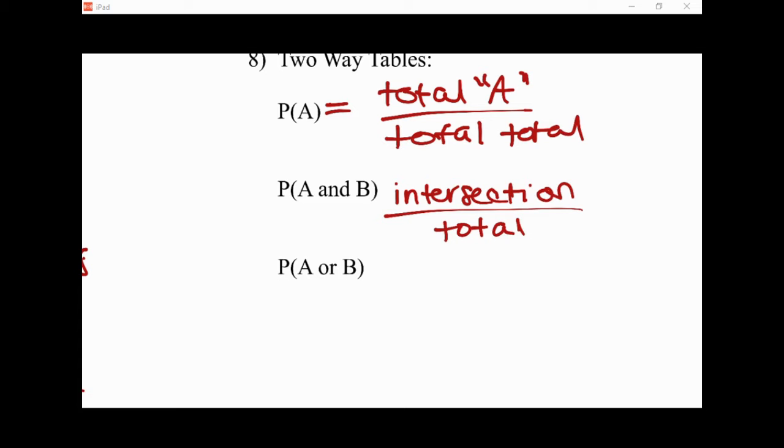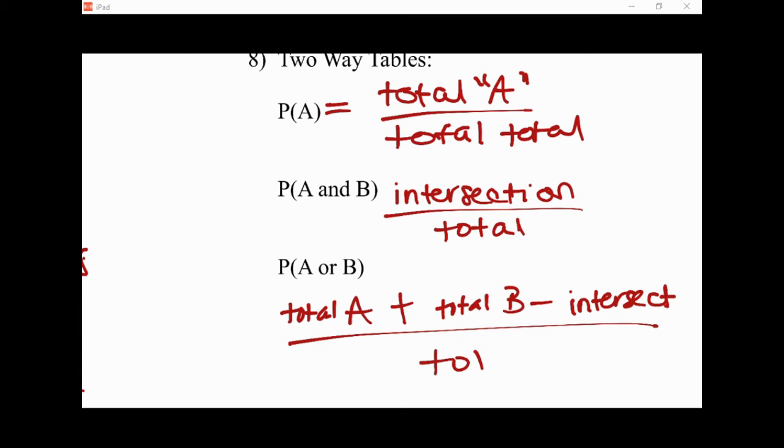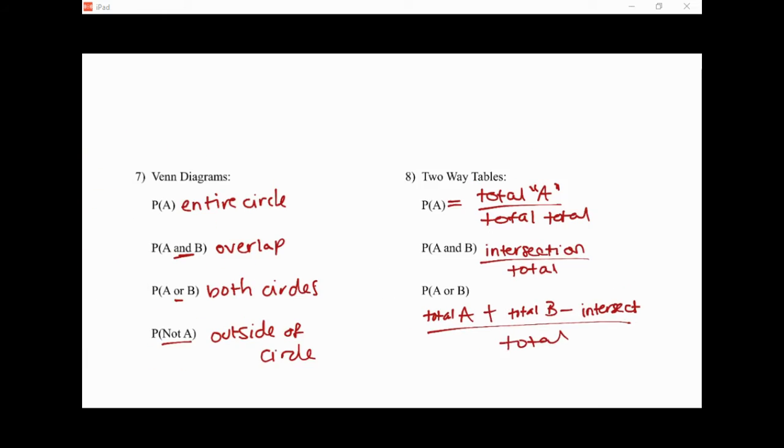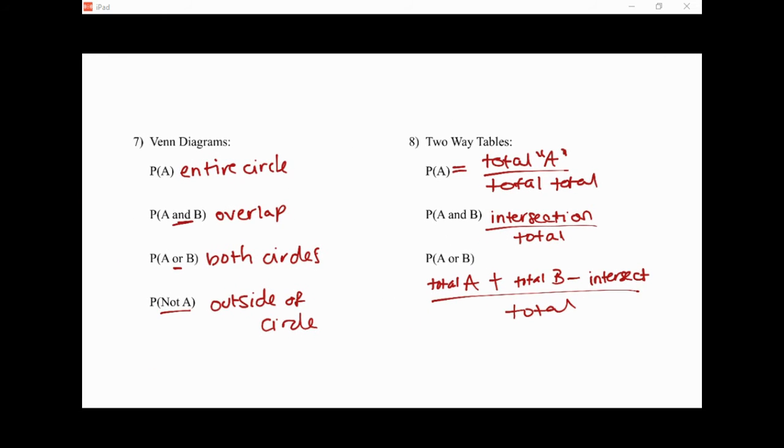And if it's or, it is all of A, so the total of A plus the total of B, minus wherever they intersect, because you would have counted that twice, over the total. So that's just a little reminder.